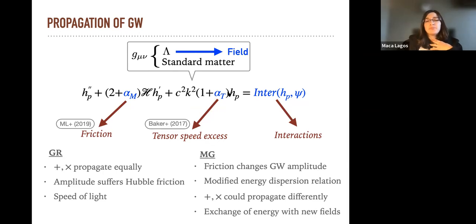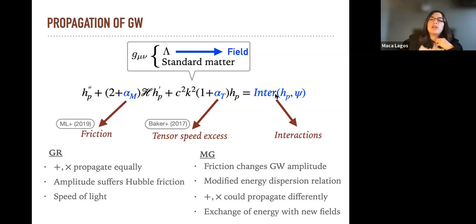There could be a non-zero alpha t parameter that modifies the dispersion relation of gravitational waves. Something that I haven't emphasized yet is that the two polarizations, plus and cross, could actually propagate differently, either because these modifications, alpha m, alpha t, depend on the polarization, or because plus and cross interact differently with the additional fields.